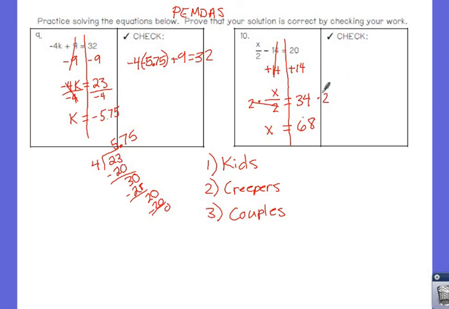If I'm checking my work here, I would plug 68 back in for x, divided by 2, minus 14. What is 68 divided by 2? 34. 34 minus 14? 20. So I know I'm good. You just do the opposite of what you did.